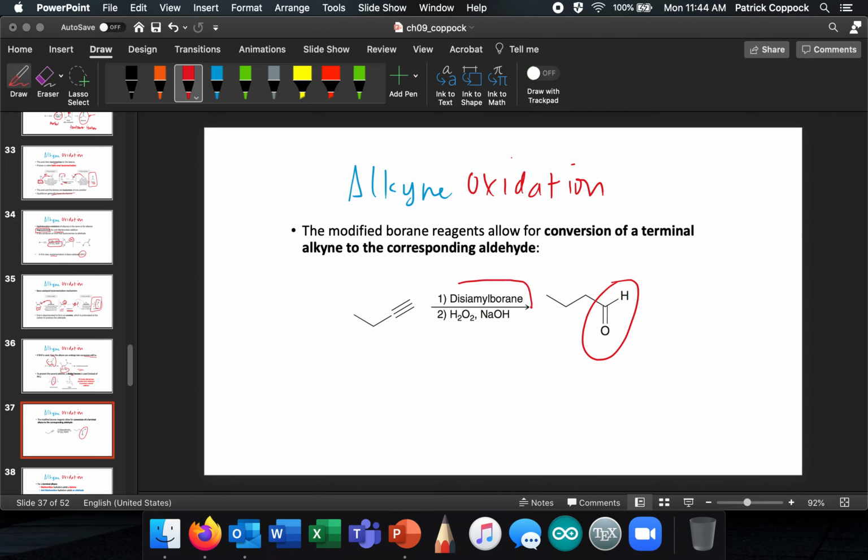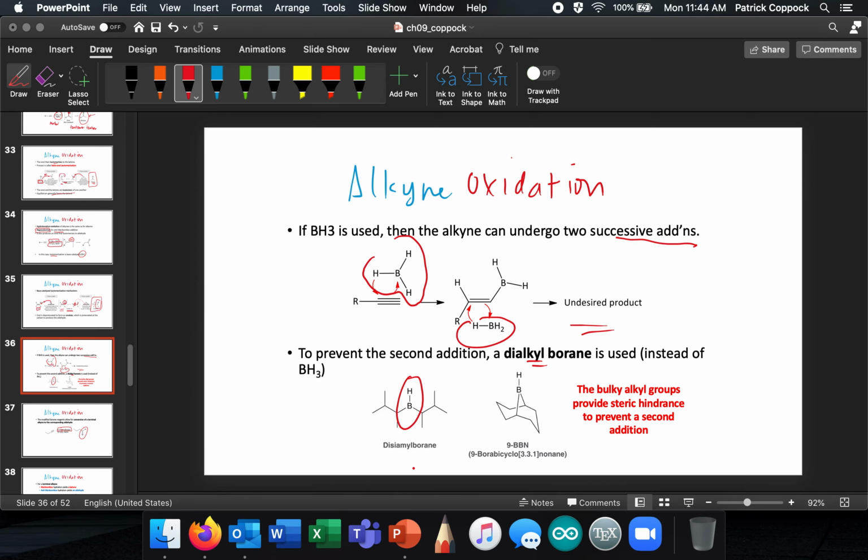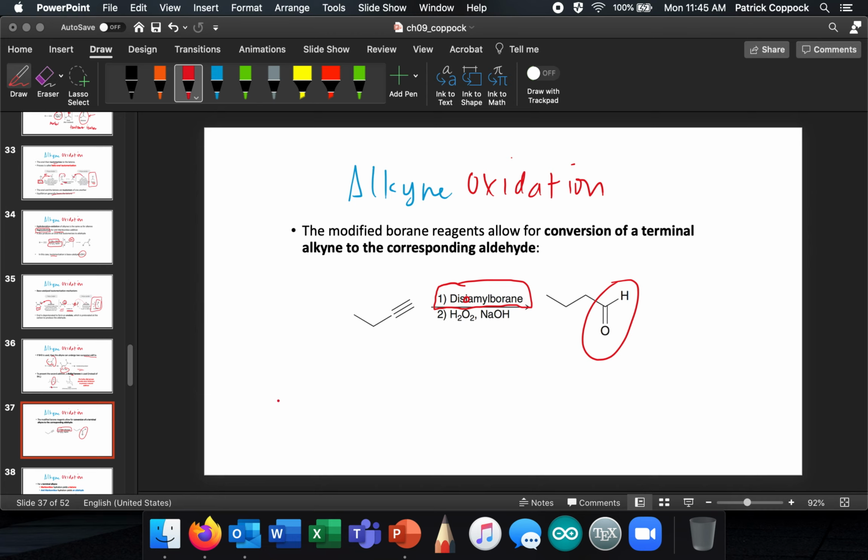So here's the example: diisoamyl borane. It's supposed to be an O, isn't it? I think that's supposed to be an O right there. Anyway, pardon me, pardon the timer.